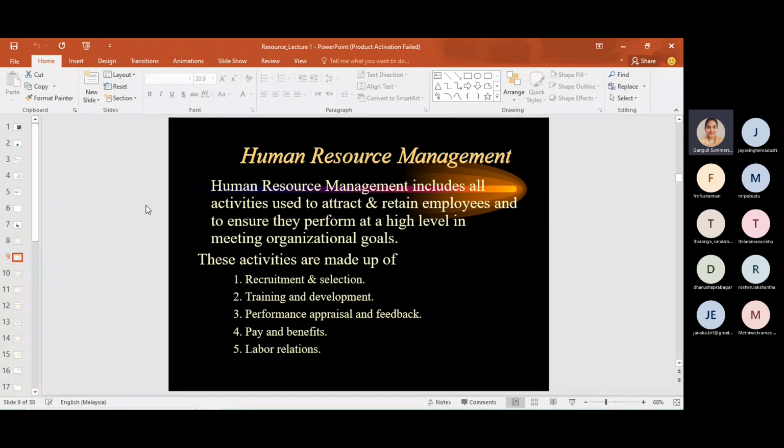Retain means how long a person stays in your workplace. For example, if I joined a certain organization in August, and I give my resignation in October.